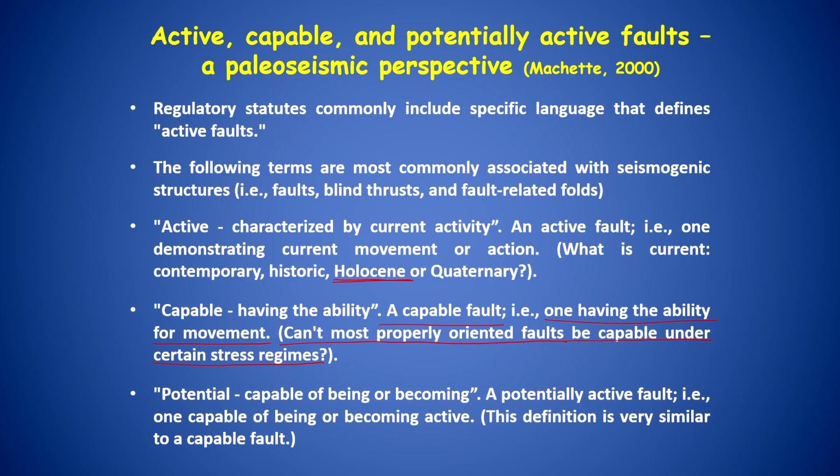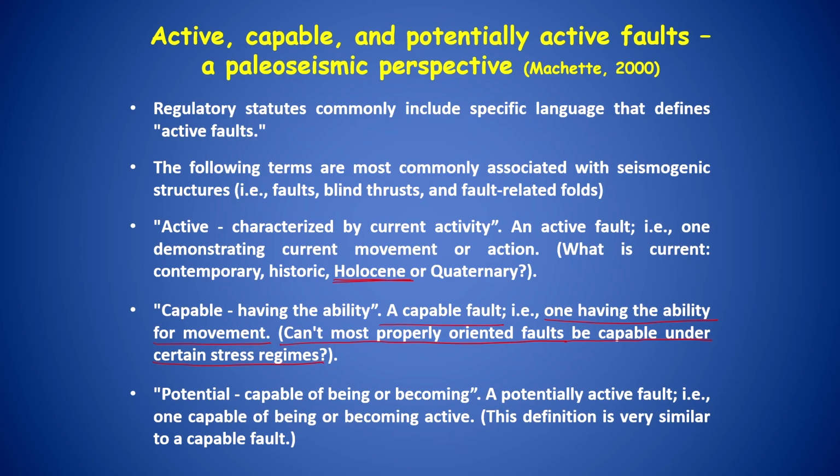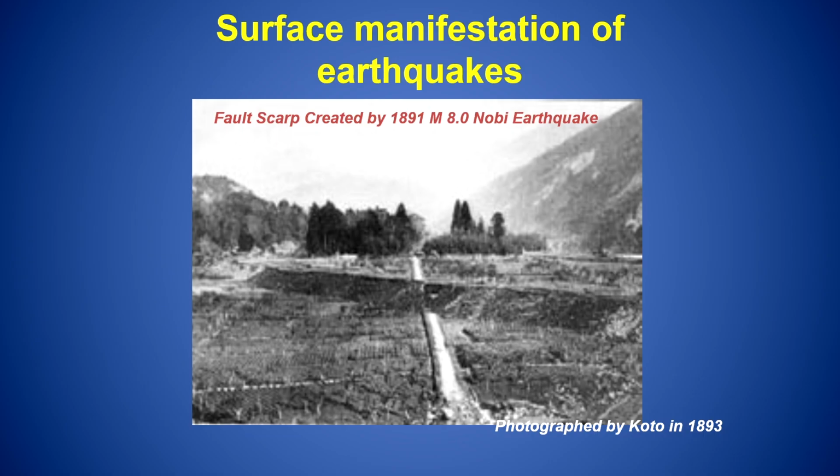This definition is very similar to the capable one, because it may have the ability to host an earthquake. Just keep in mind the slide we discussed previously about the active fault: within 10,000 years and likely to host an earthquake in the near future.